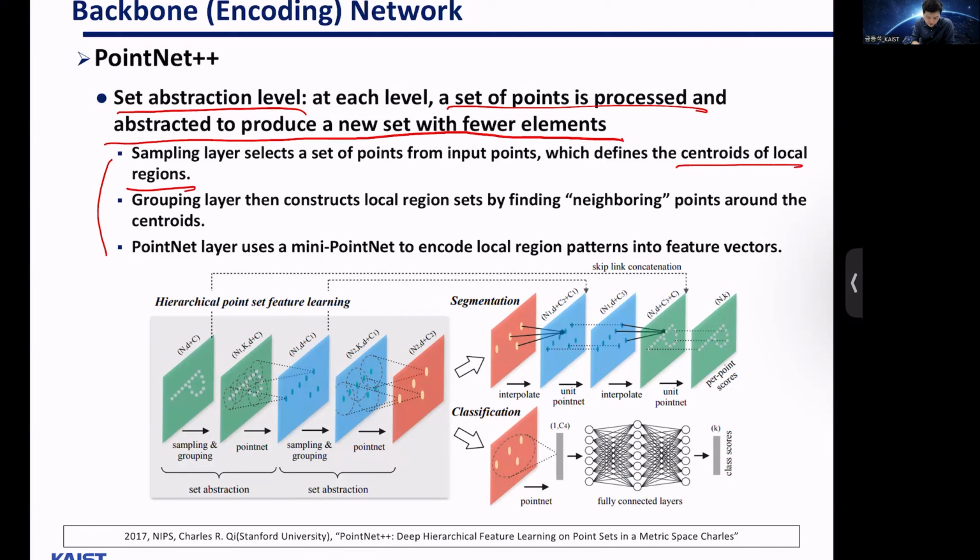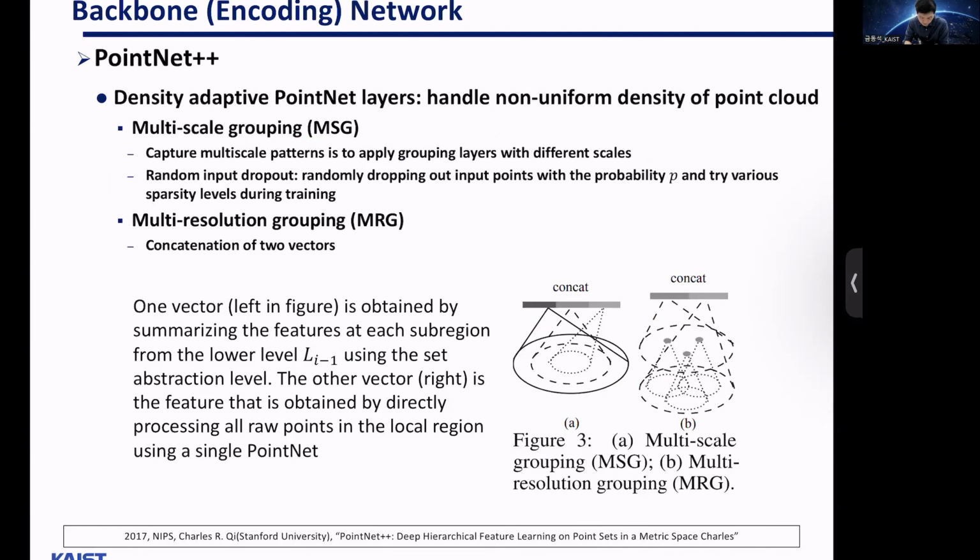The grouping layer then constructs local region sets by finding neighboring points around the centroids. The PointNet layer uses a mini PointNet to encode local region patterns into feature vectors. So what does that mean? Here are more descriptions.